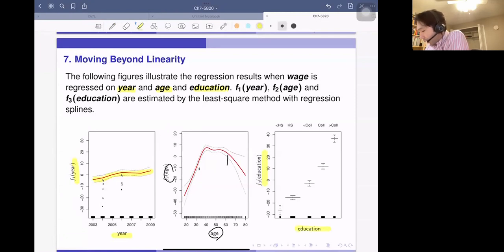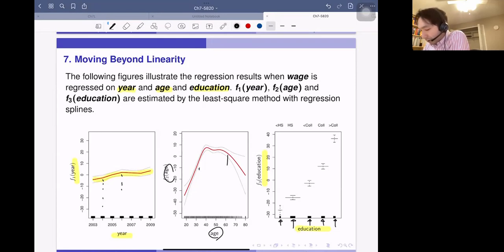When the educational level is higher, then wage is higher. We don't have any legend here, but probably this is high school dropouts, high school graduates, some college courses, college degree, and graduate degree or something like that. Yeah, so these are profiles.